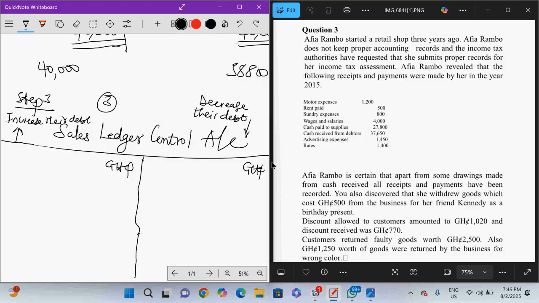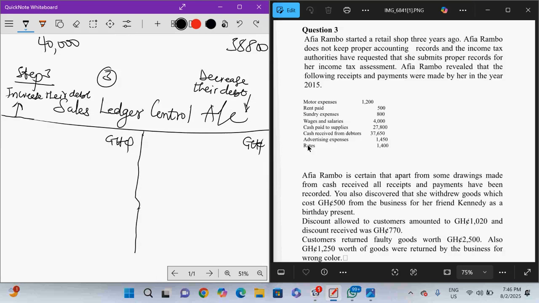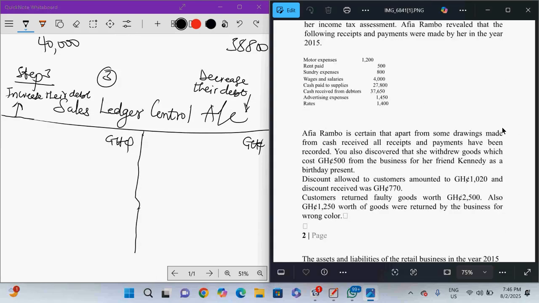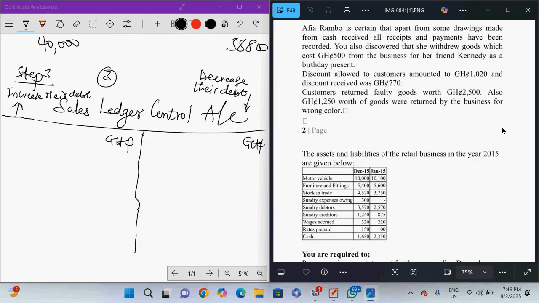So you can see, let's go to the debtors. Where are the debtors? Sundry debtors, 373570 and then 2570. So this is the beginning, and then this is the end.